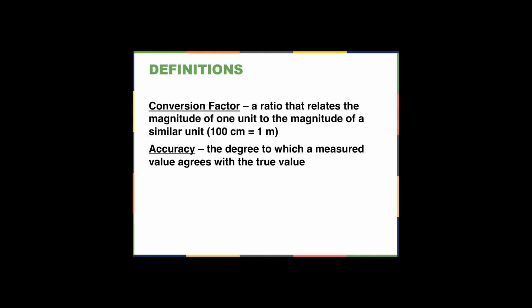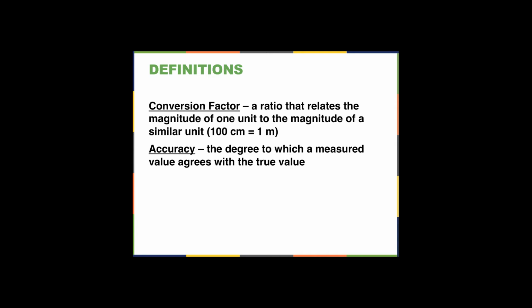Accuracy is the degree to which a measured value agrees with the truth. So, for example, in God's mind, you have a certain weight, say 160 pounds, and that's the real true value for that weight or mass. Accuracy is the degree to which your scale, your measuring device, agrees with that true value.